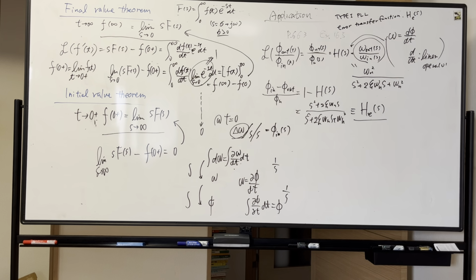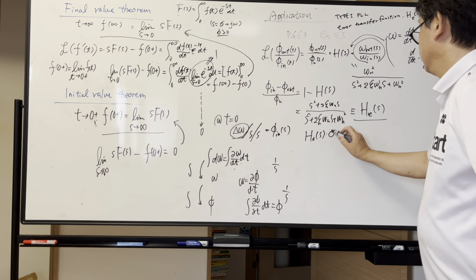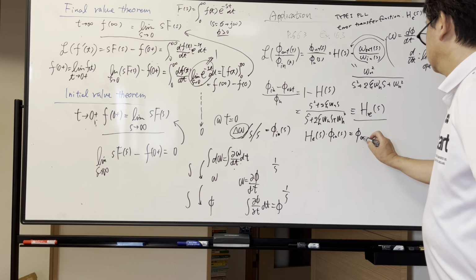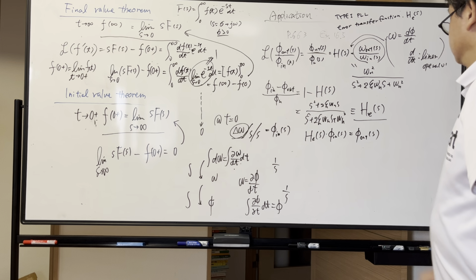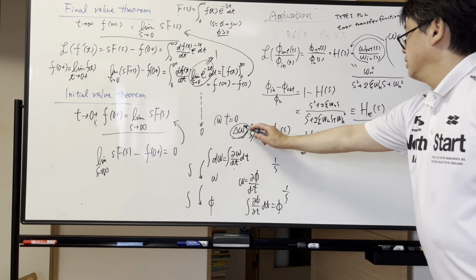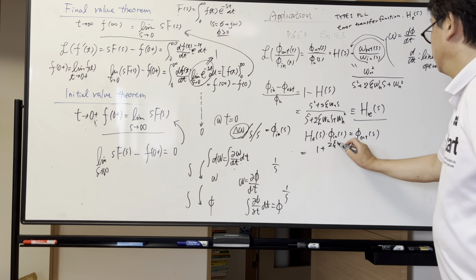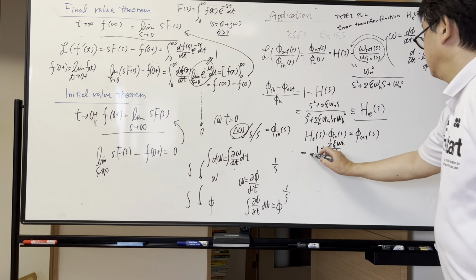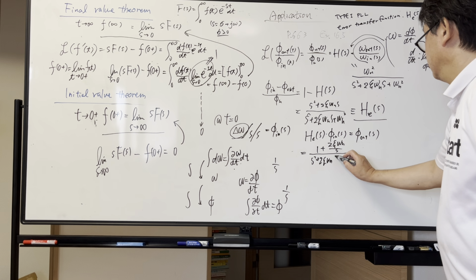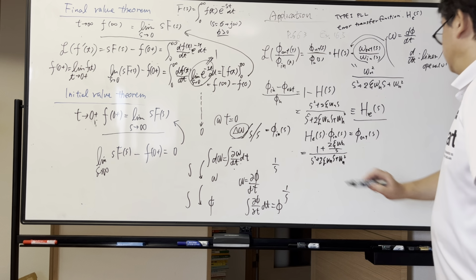So we need to know just that H sub e of s times phi sub in of s is phi sub out of s, and this is delta omega over s squared. So s squared cancels out, and we get 2 zeta omega sub n divided by s, all divided by s squared plus 2 zeta omega n s plus omega sub n squared.